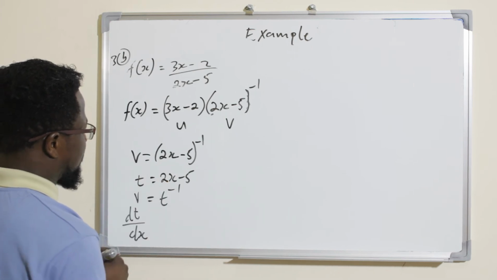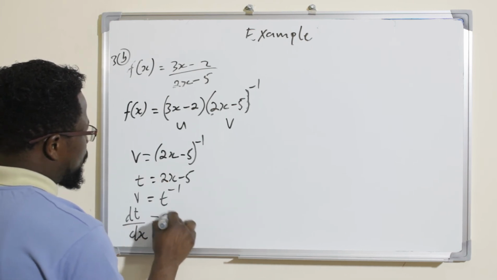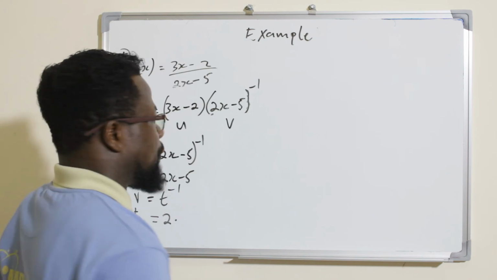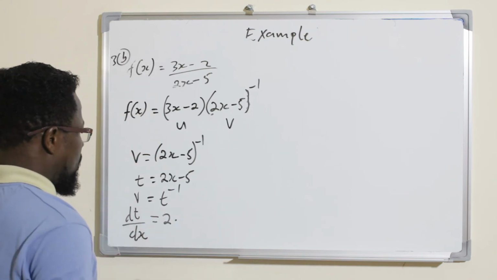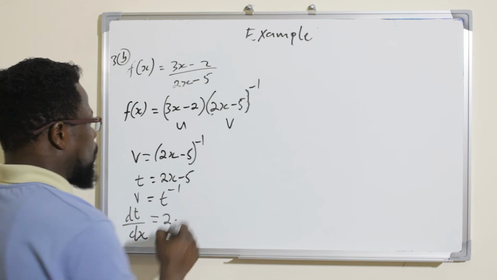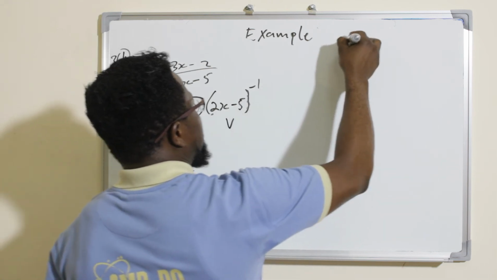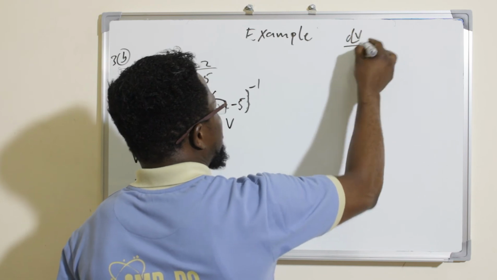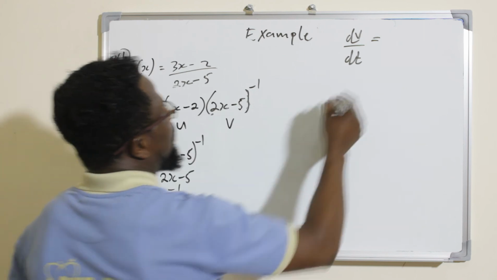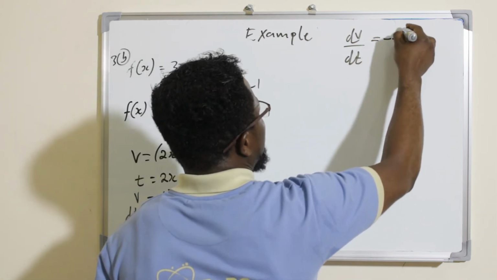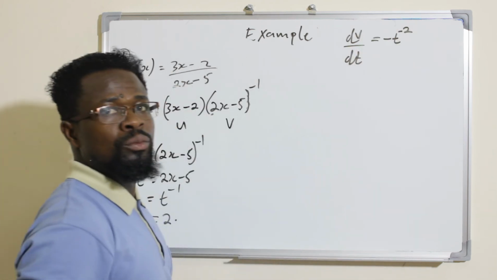So to do that, I am going to find dt dx, because I'm differentiating t with respect to x here, and that is going to be 2. And from here I need to differentiate v with respect to t. So I'm going to look for dv dt, and dv dt is now going to be negative t exponent negative 2.